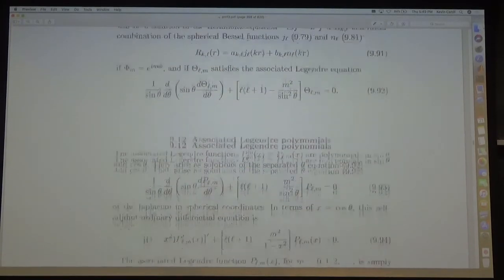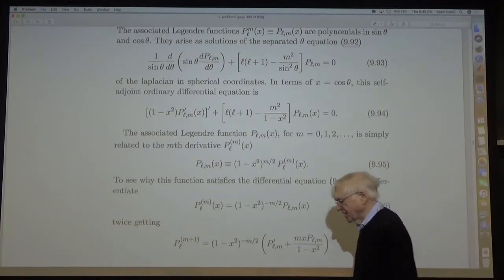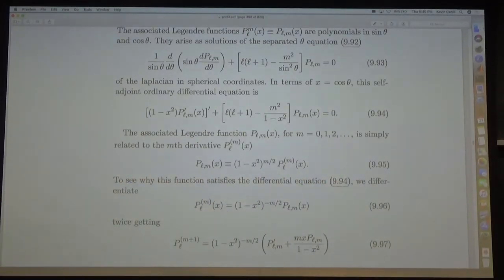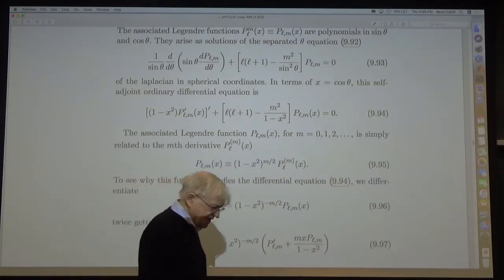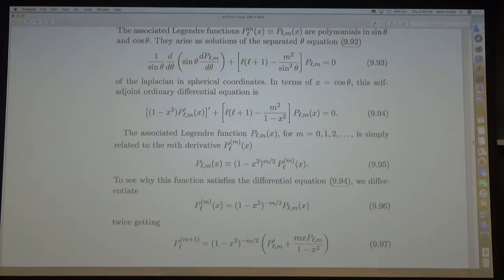They're polynomials not in x, but in cosine of theta, or x equal to cosine theta, and they're polynomials in terms of cosine theta and sine theta, or equivalently, polynomials in x and in the square root of 1 minus x squared, which is what the sine would be if x is the cosine of theta.